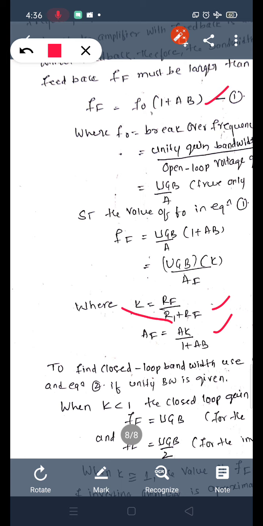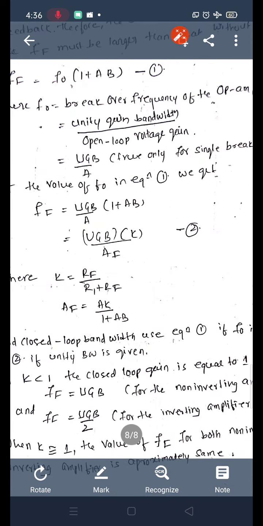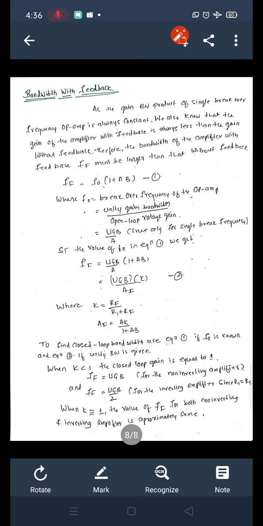Suppose K is very much less than 1, or the closed loop gain is equal to 1. Then the feedback frequency is equal to the unity gain bandwidth for the non-inverting amplifier, and fF is equal to UGB by 2 for the inverting amplifier, since R1 is equal to Rf.